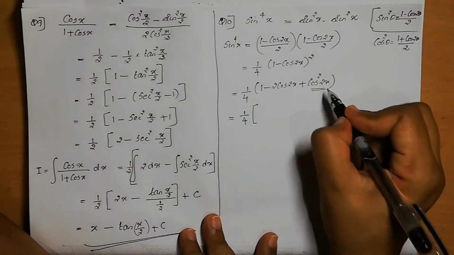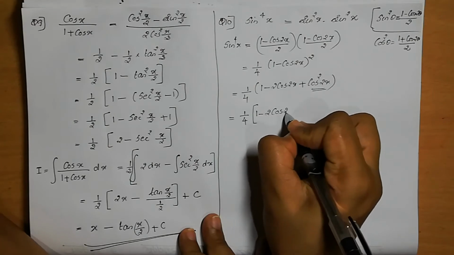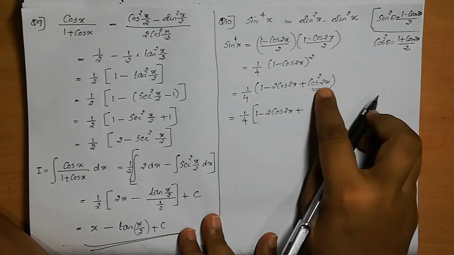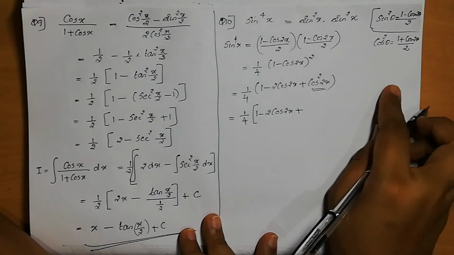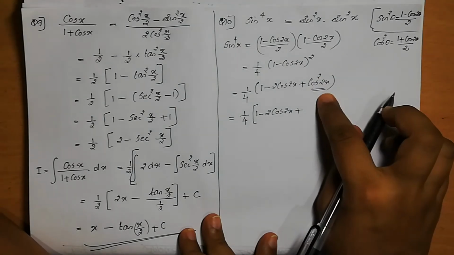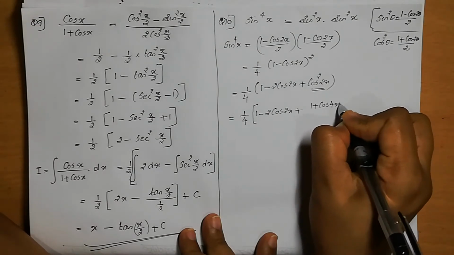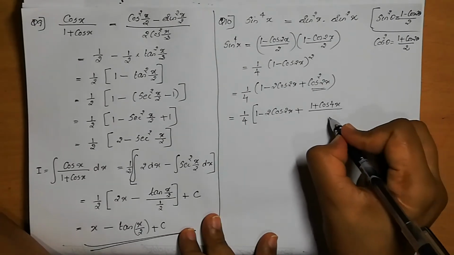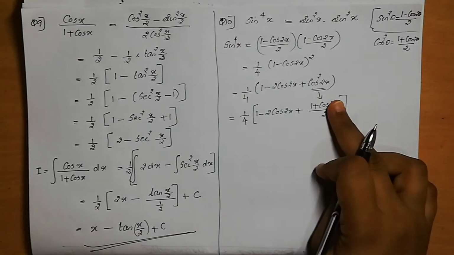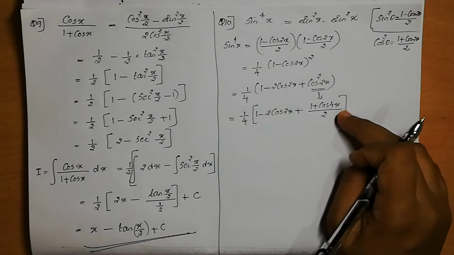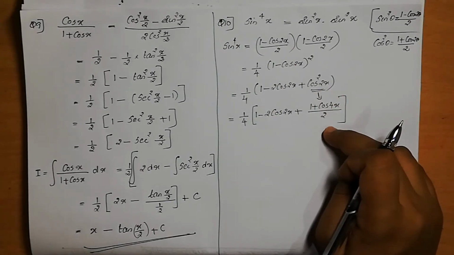So first we can write this one: 1 minus 2 cos 2x plus, here theta becomes 2 theta. So this 2x becomes 2 into 2x, how much will it come? 4x. That means 1 plus cos 4x by 2 we can write. Here 1 plus cos 2 into 2x is 4x by 2.